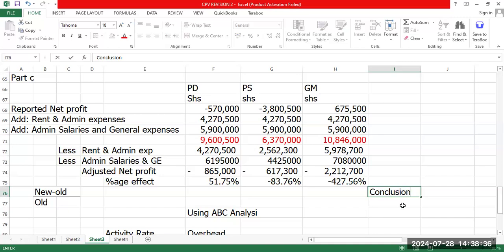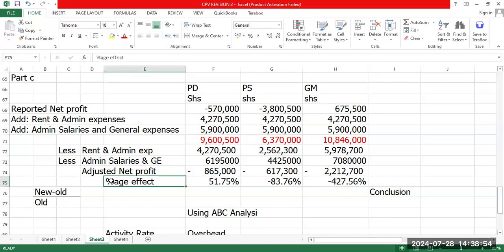So how are you going to conclude? Remember this now, when you observe, this is a positive percentage, this is a negative percentage, this is a negative percentage.